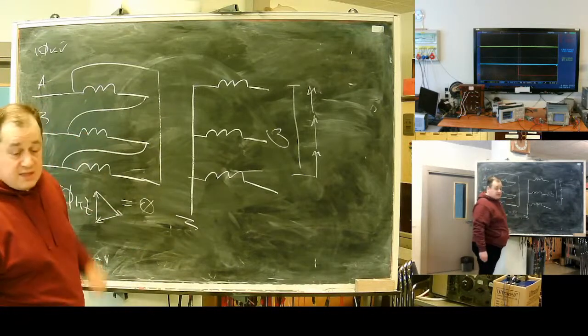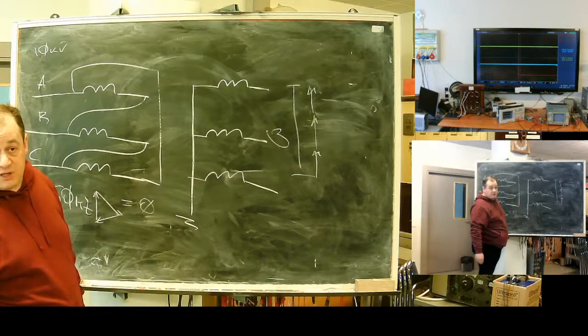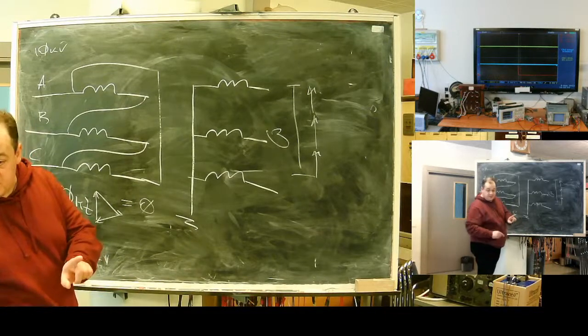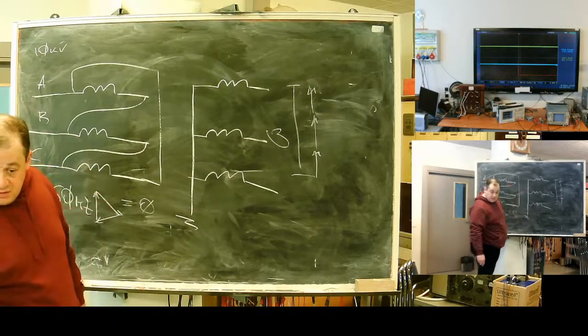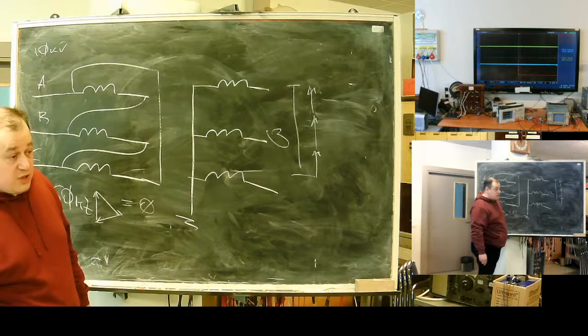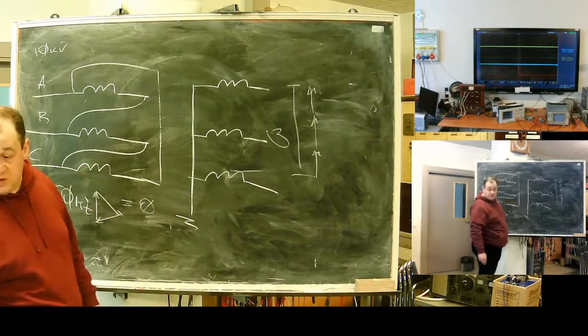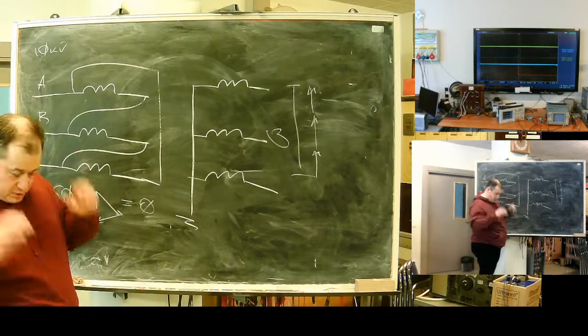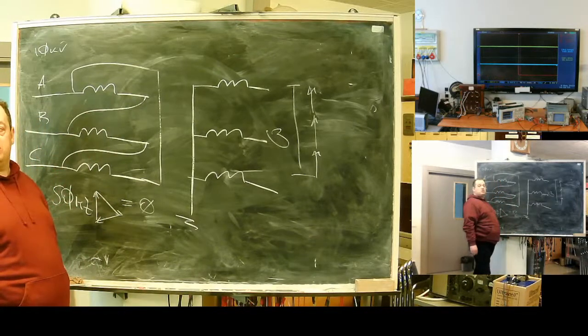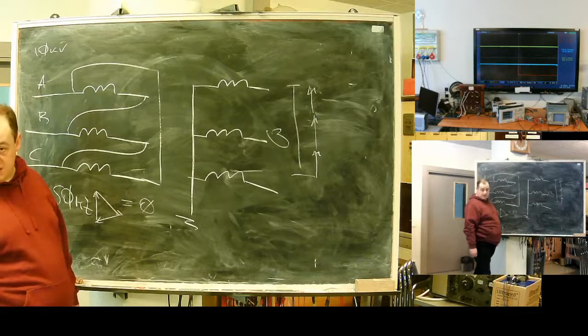And the circulating current of the third harmonic will produce one more flux in the needed direction. So as a result, these two third harmonic fluxes compensate. It's theory. In reality, we will have a cosine flux in the core.